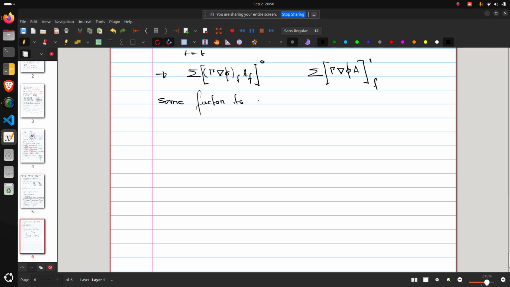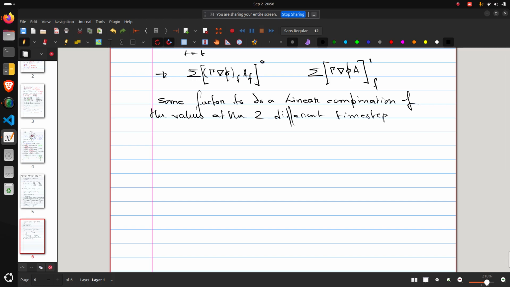So we can assume some factor to do a linear combination of the values at the two different time steps. Okay, so what does it mean?